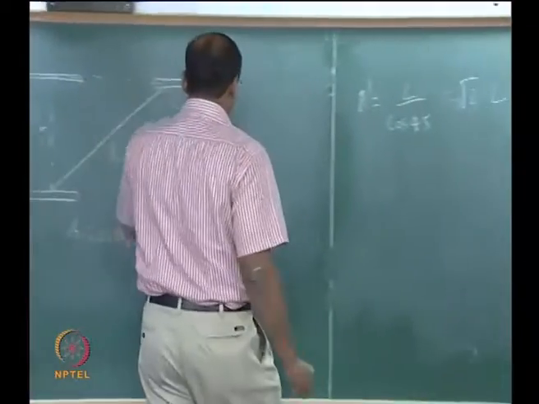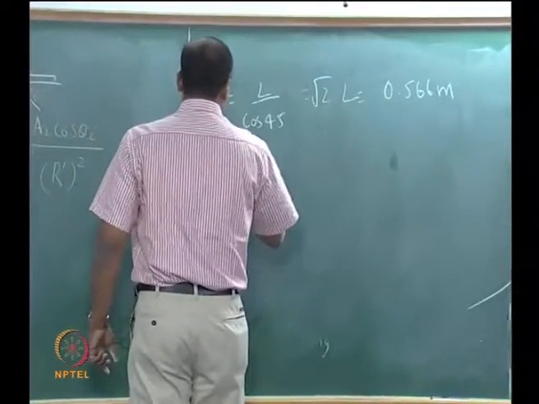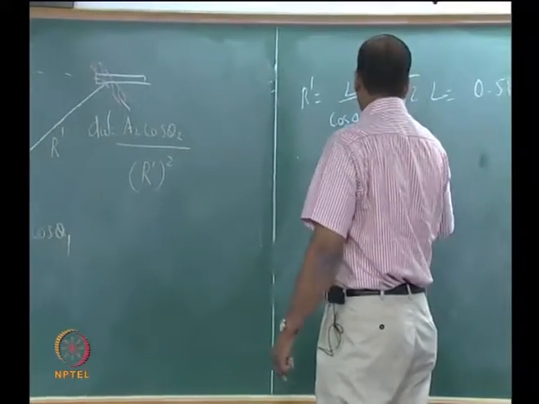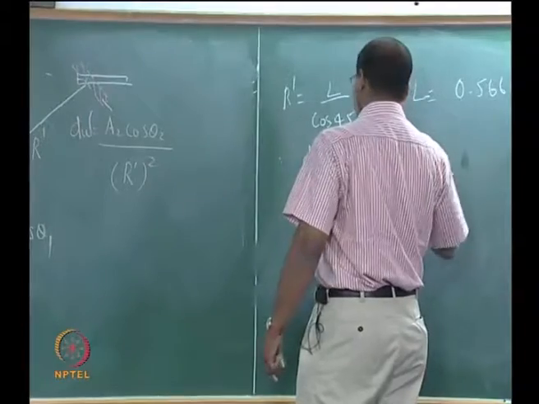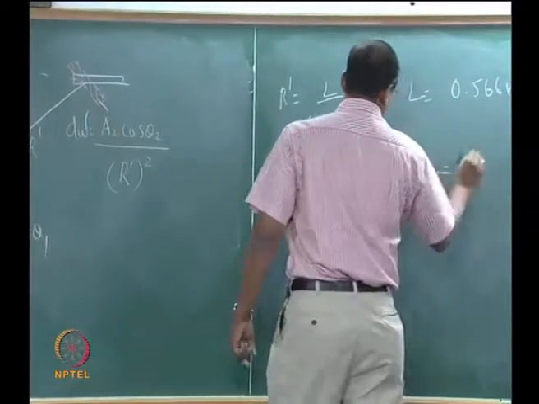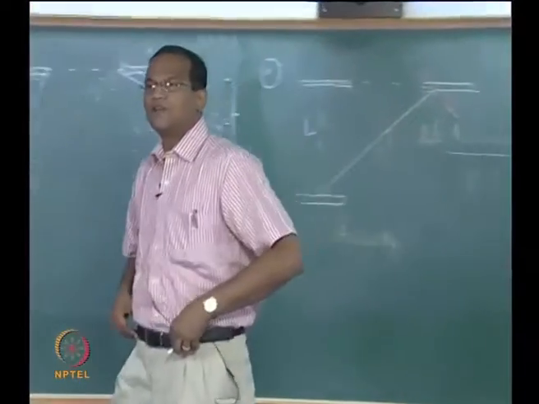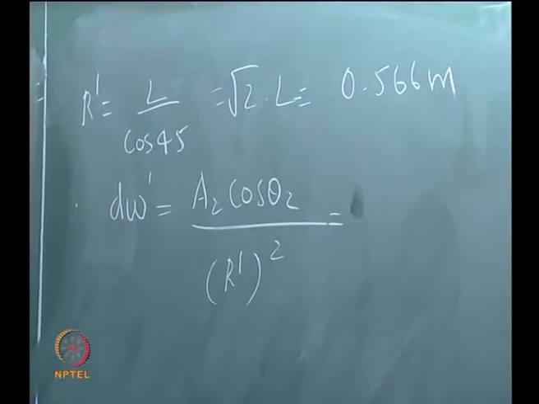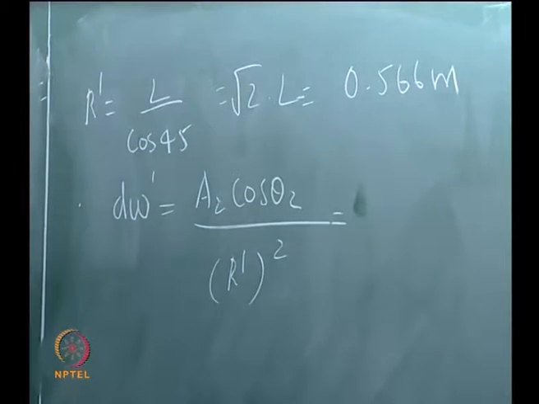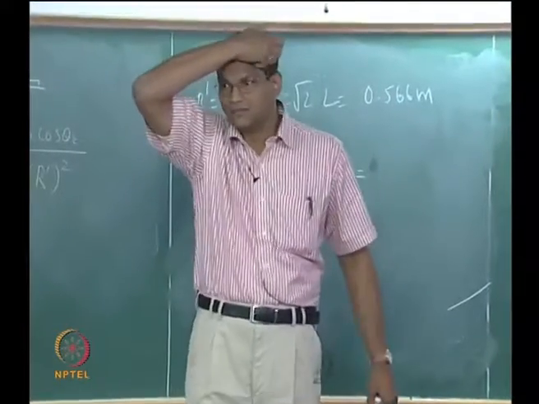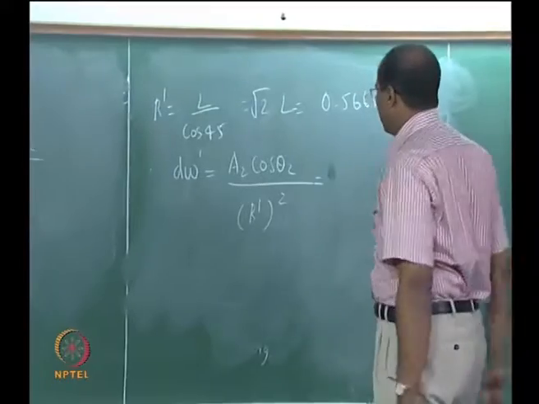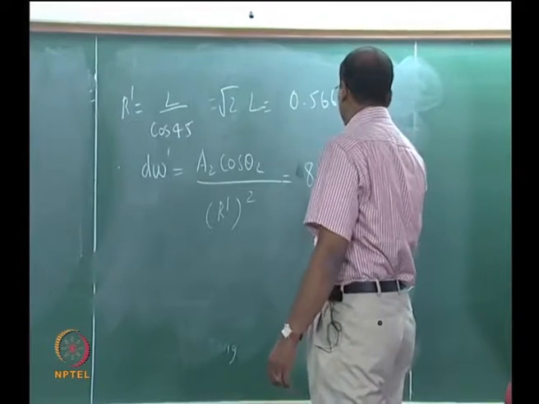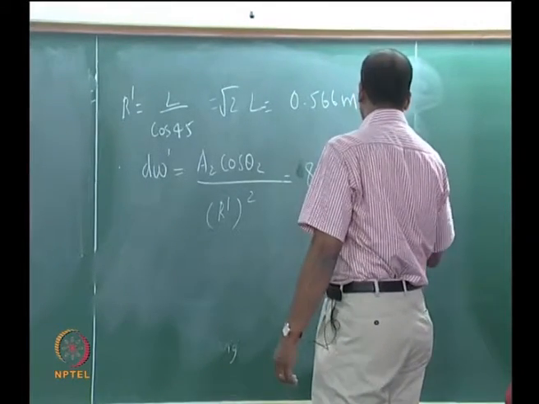Now d omega dash, with A2. I expect the solid angle to come down. The solid angle has to come down because it is seeing less and less of this, since the distance is increasing and the angle also changes. What is it? 8.14 into 10 to the minus 6 steradian.